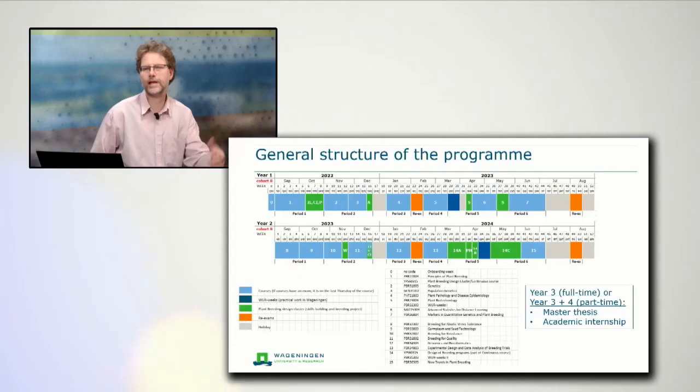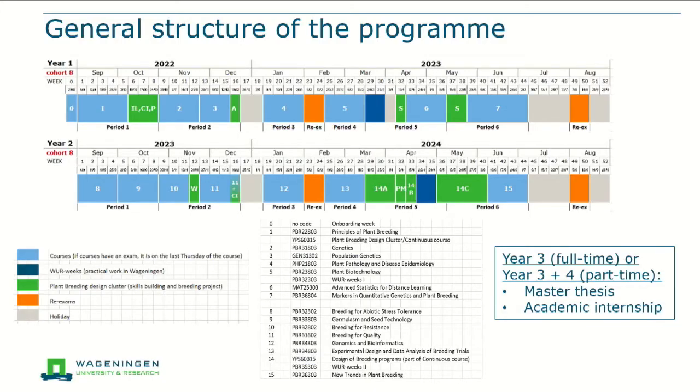A rough outline. You know, the light blue blocks, they are the courses on plant breeding, or the real topical courses, so to say. The green blocks, they are skills. So I'll come back to that later, but these are like presentation skills, information literacy, etc. So they are spread throughout the program.